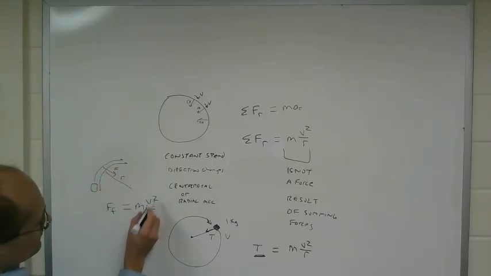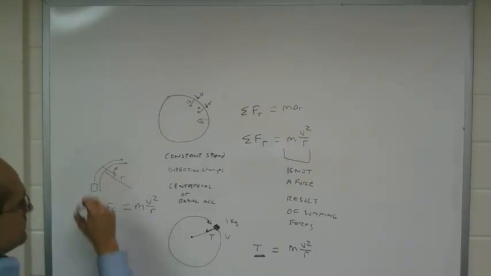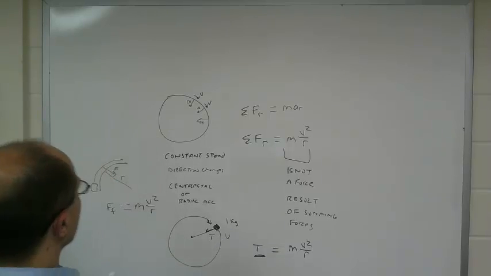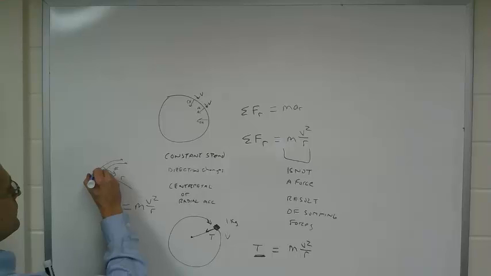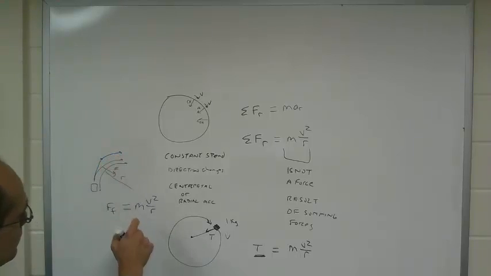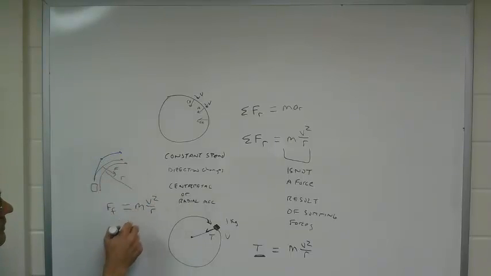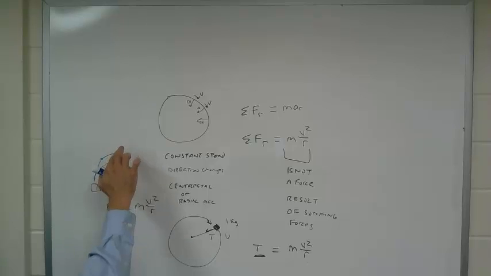If your force can't supply this, what happens to your car? Your car doesn't take the curve. If you're going too fast, your car would skid until the r gets larger, and then your tires are able to regrip and hold you on this larger curve. So this is the idea.